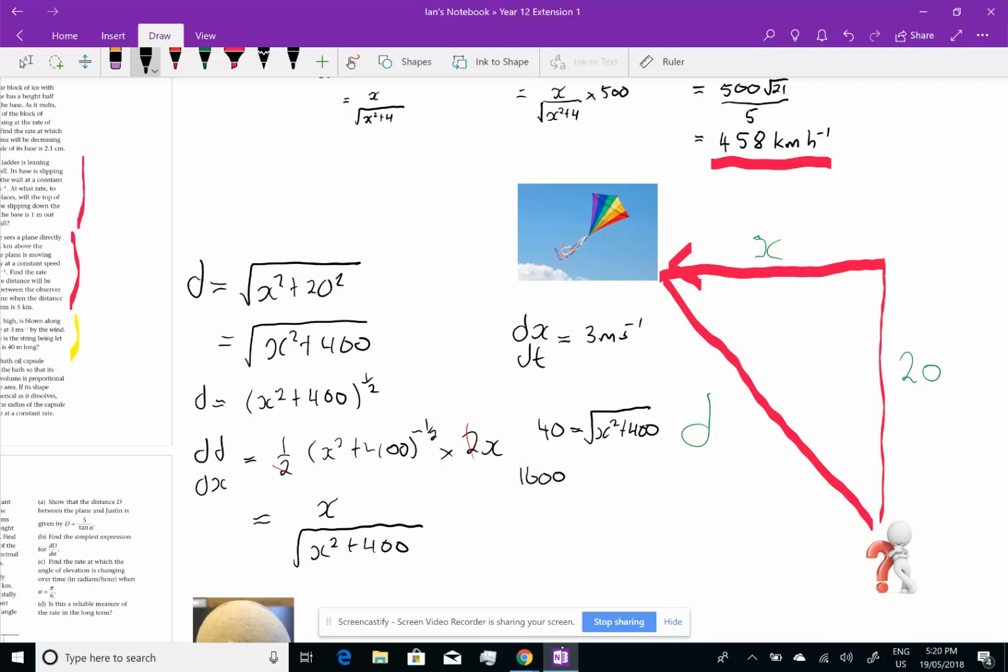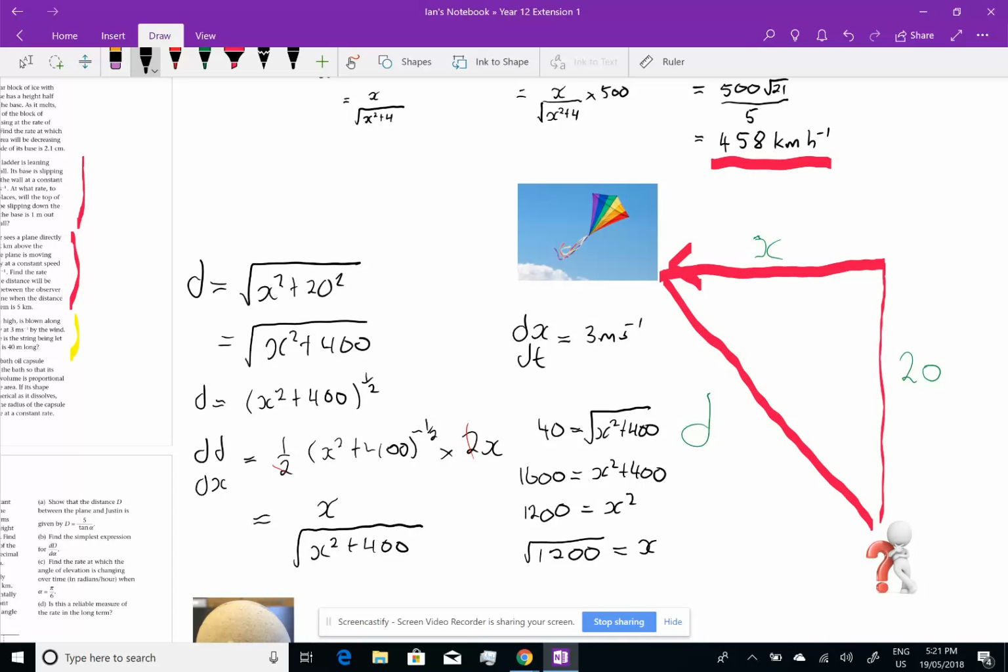We square both sides: 1600 equals x squared plus 400, which gives us 1200 equals x squared. Therefore, x equals the square root of 1200, and because we're talking distances, we only take the positive.